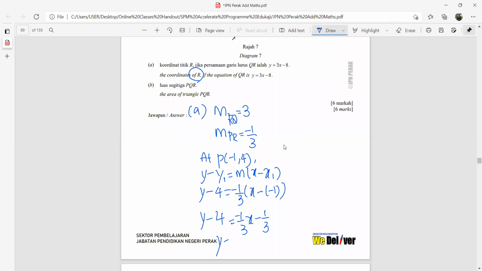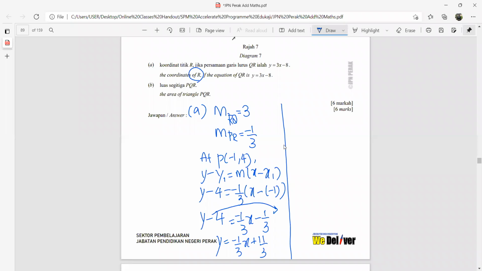So y equals negative 1 over 3x minus this one plus 4, which is 11 over 3, correct or not?